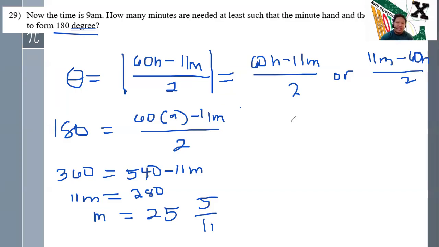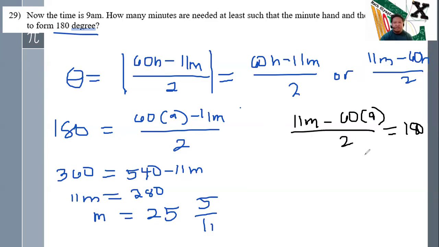But we'll check the other case. The value is 11m minus 60 times 9, because it's 9 o'clock, divided by 2, is equal to 180 degrees. So times 2, that's 11m minus 540 is equal to 360.